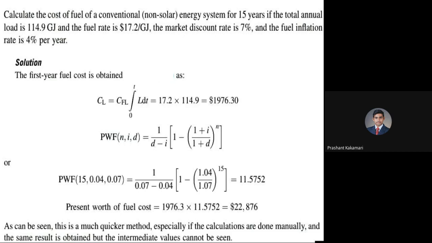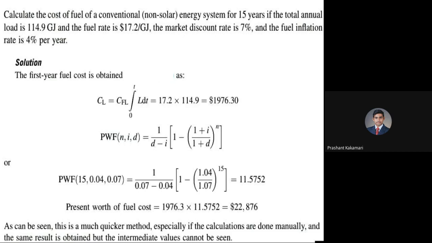And the fuel rate is $7.2 per gigajoule. Here, for easy understanding, we can assume rupees also. In place of dollars, I will assume rupees. So I'll say rupees 17.2 per gigajoule. The fuel price per gigajoule is 17.2 rupees.